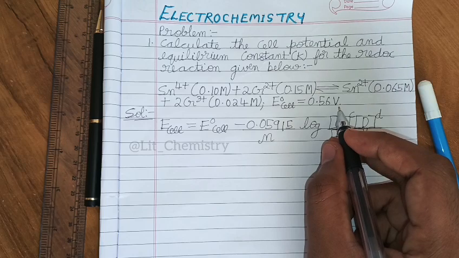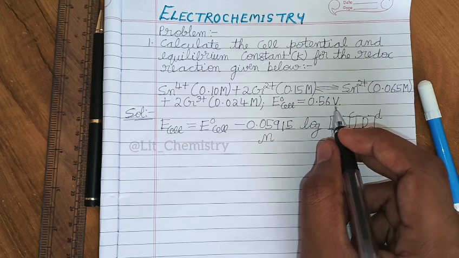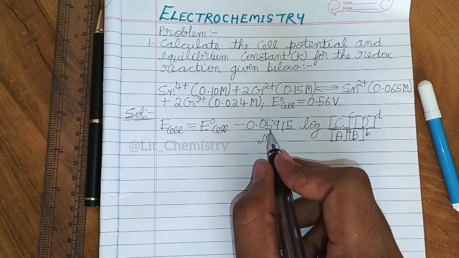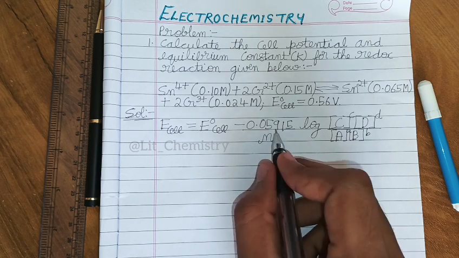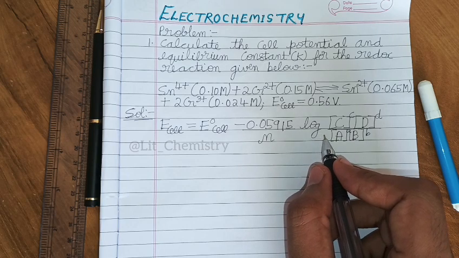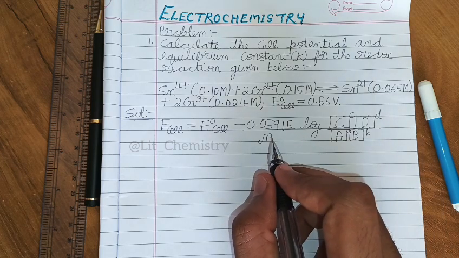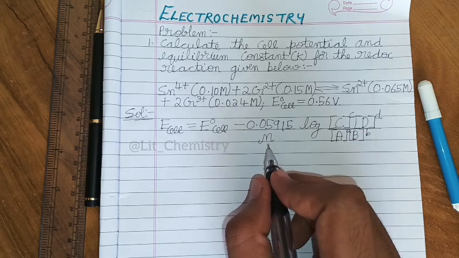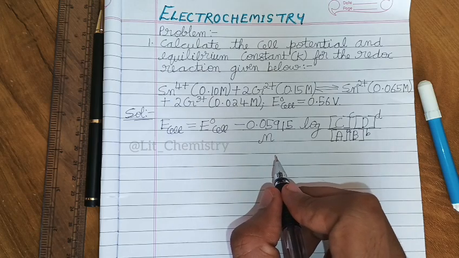It's already given, and the number 0.05915 is a constant for calculations using log, usually base 10, and the number n, this number is the number of electrons transferred in the redox reaction.